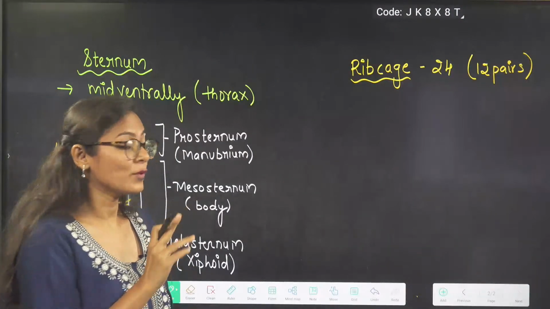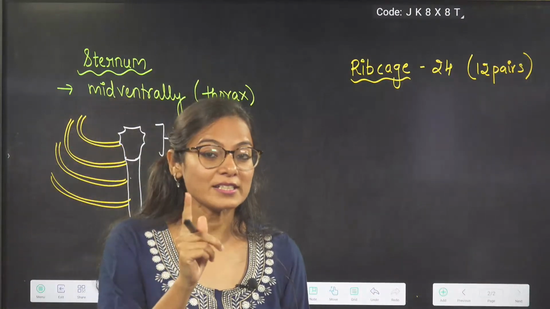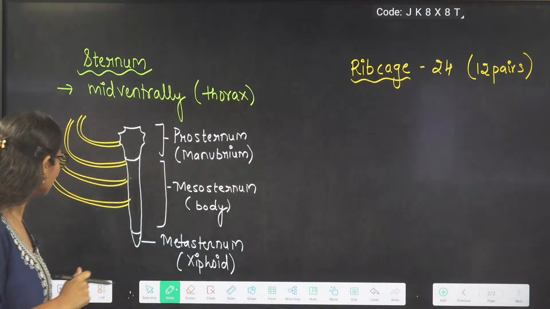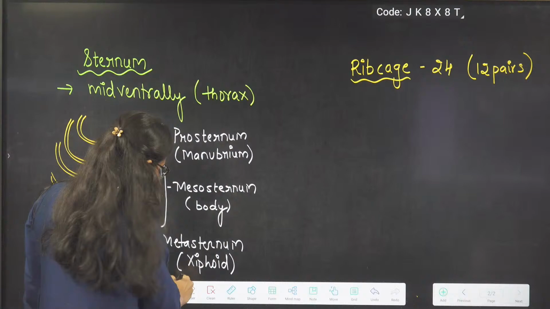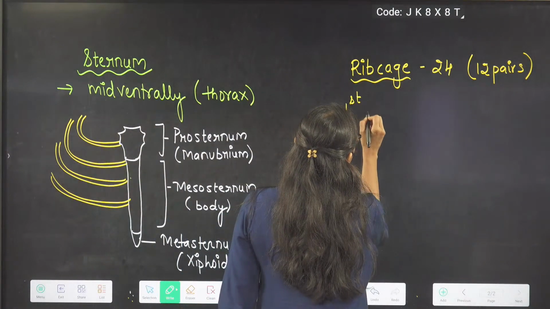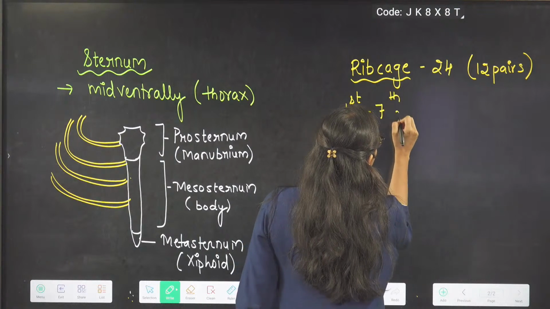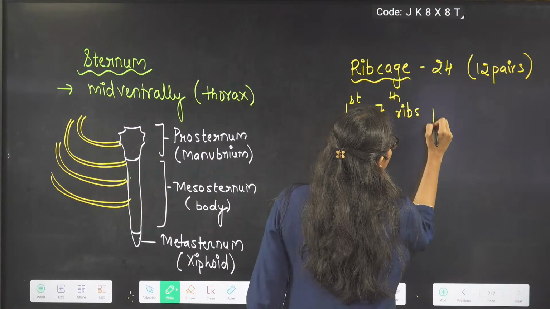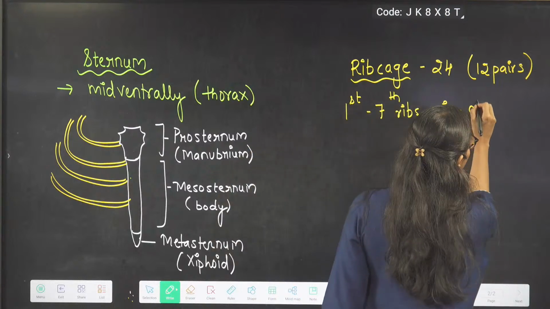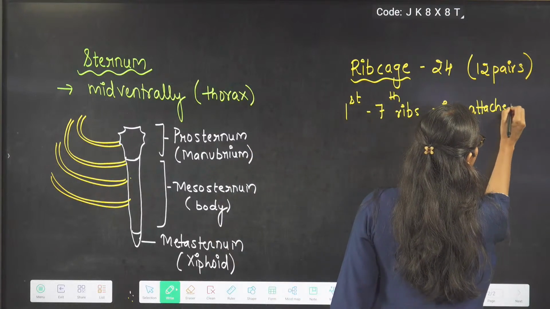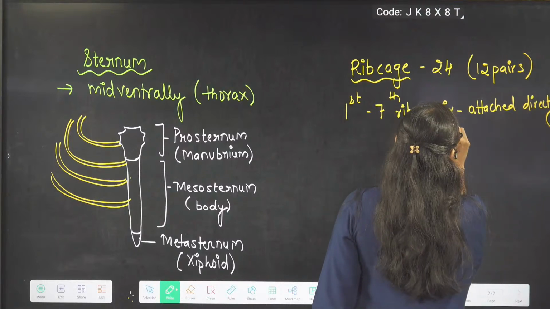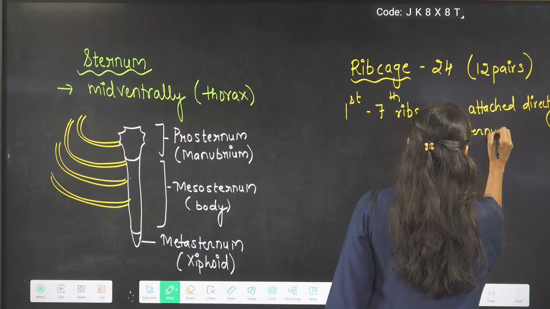But then all the 12 pairs of ribs are not attached in a similar way. There is a difference. What difference is there? I'll tell you. The first 7 pairs, I'll also write down here. So from the first to the 7th rib pair, these are attached directly to the sternum, right?